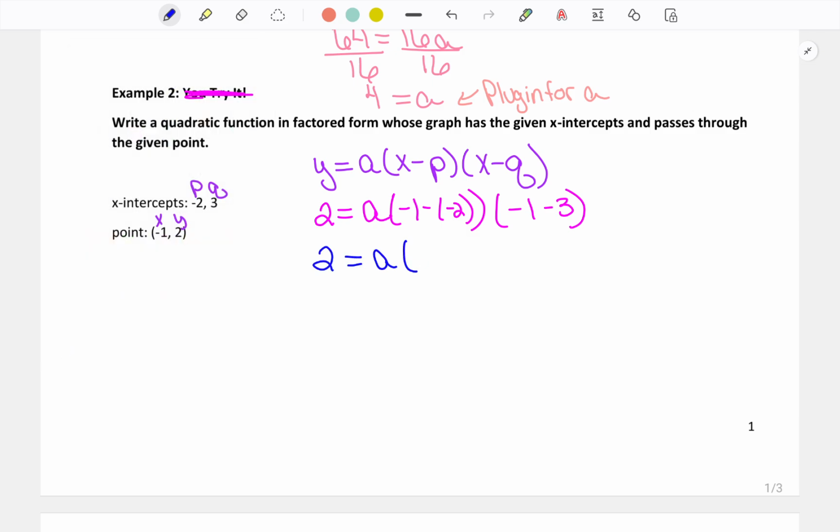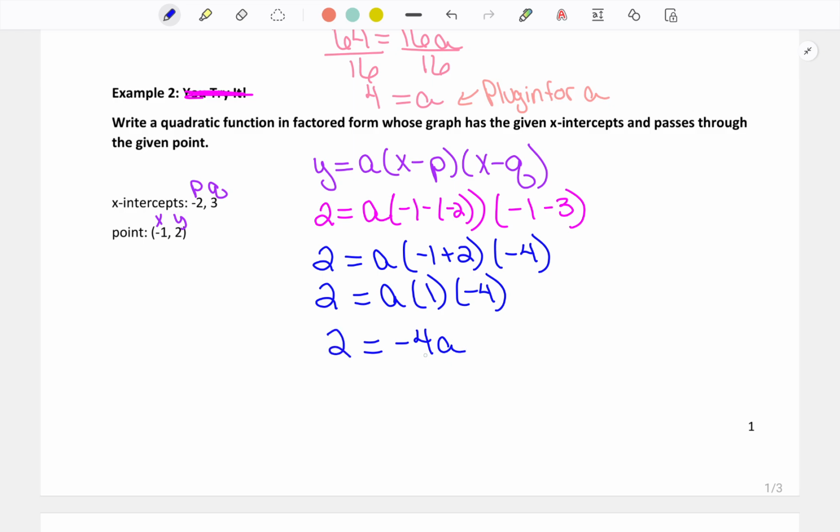So we have negative 1 plus 2 and then a minus 4. So we'll have 2 equals a times 1 times negative 4. So that gives us negative 4a equals 2, and then we'll divide by negative 4. And so that gives us negative 1/2 equals a.